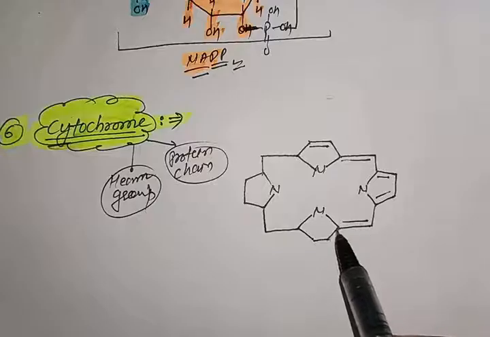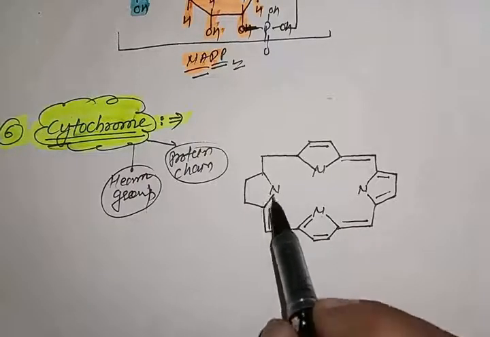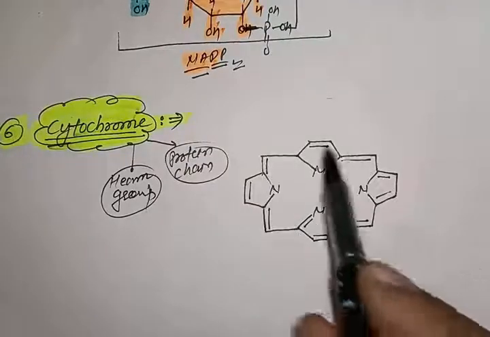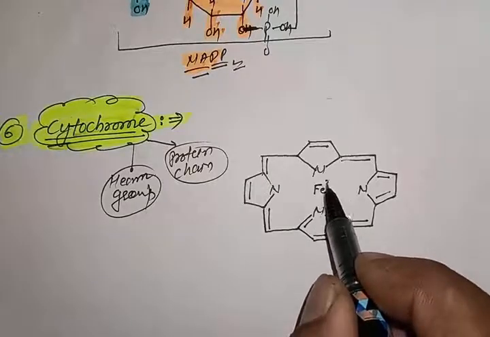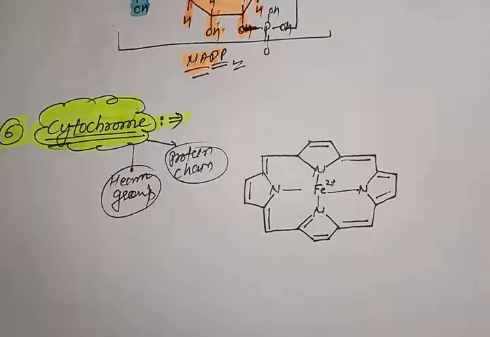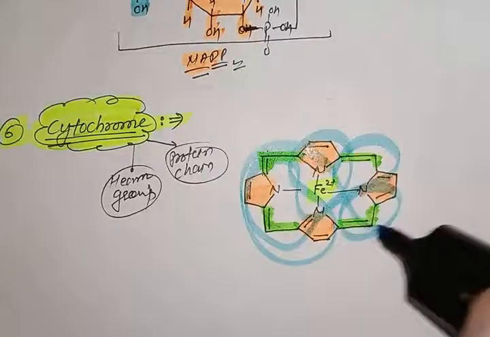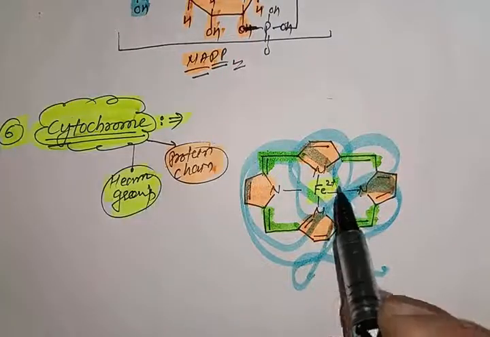Suppose this is our double bond, single bond. Then after double bond, single, double, single, double, single. After that double, single, double, single, then double, single. Here is double, then single. Here is also double, single, and double. This is our heme group. In this heme group, the Fe metal is present in the center, and the protein chain is overlapped over this heme group.